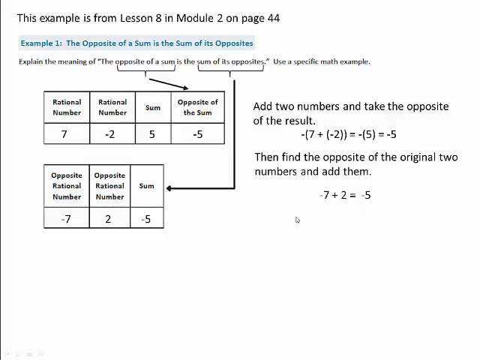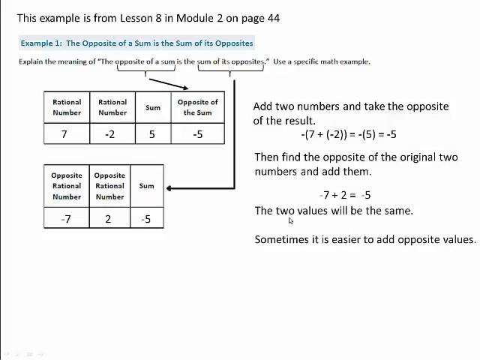Sometimes that's an easier way to look at a problem. So we can have the expression, the opposite of 7 plus -2 equals -7 plus 2. This is one way for us to simplify parts of an expression. Let's take a look at example 2.